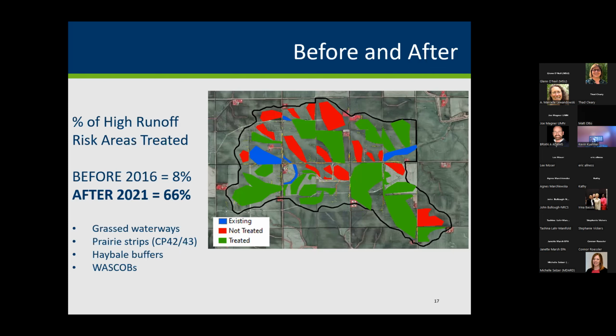Those farmers primarily used grass waterways, some prairie strips, and there's a hayable buffer program also that was made available to them. And to some degree, but not as popular, were water and sediment control basins. Part of the challenge that we had in this particular watershed was the cost with some of those practices to be able to get an adequate outlet with tile on those particular practices.